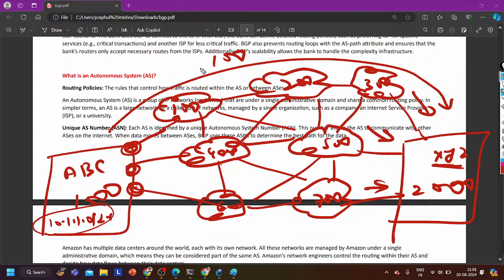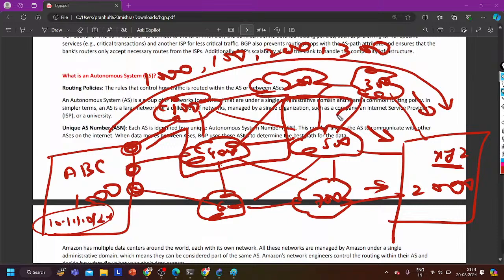100, 1000, 200 and 300. Maybe XYZ company will receive the same route from this path as well, like this. But the number of ASs will be more as compared to the upper path. So on the basis of AS, the router can select the best path, right?